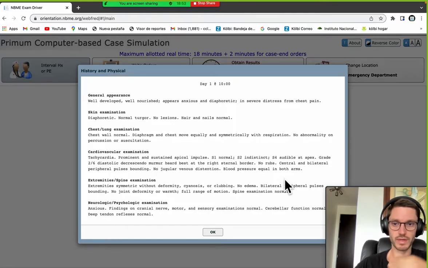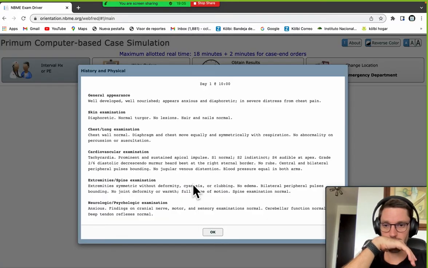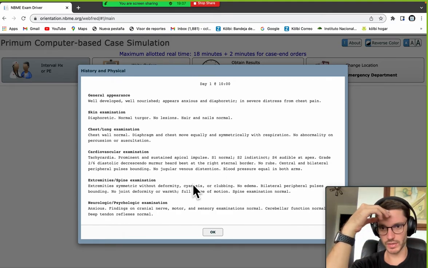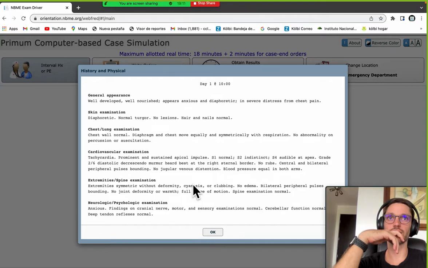So this is right sternal border, but there is no jugular venous distension, so this could be decrescendo. Okay, so it's diastolic decrescendo. We're talking about maybe mitral stenosis.